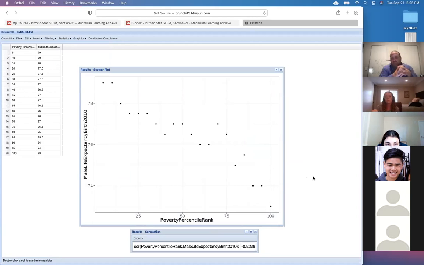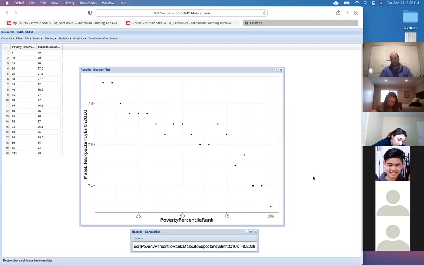Do we agree that it's negative? Does the graph indicate that it's negative? Yes. Okay. Our R value is negative 0.9239. If I square that to get my R squared value, I get 0.85. 0.85 is fairly strong. As we're going to see next chapter, I think, I don't think we do it this chapter, the highest R squared can ever be is 1.